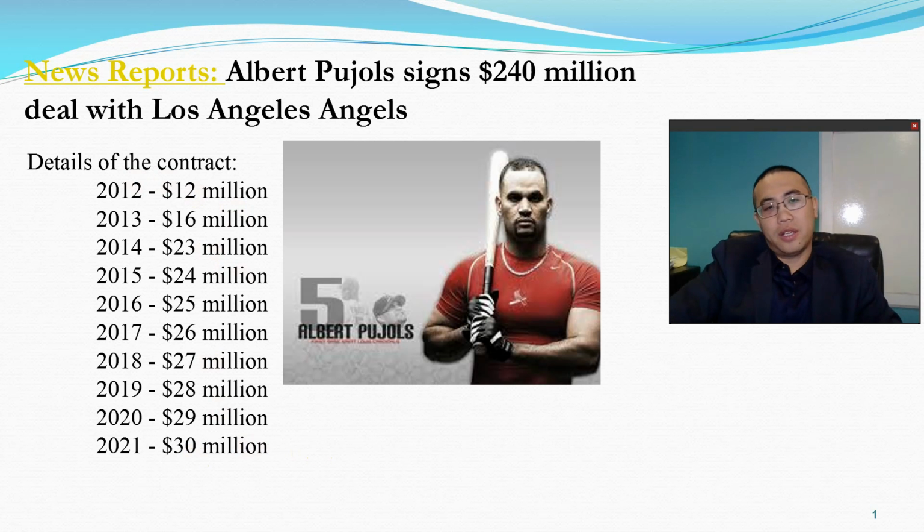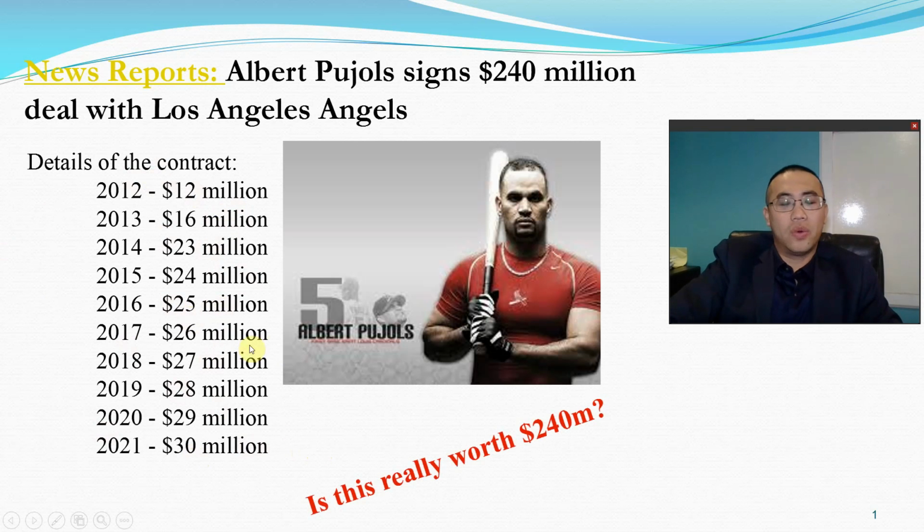Well, my question here is, is this a summation, or is this a structure of a payment really worth $240 million? Is it the total summation we should use to measure the value of the payment or the value of this contract?